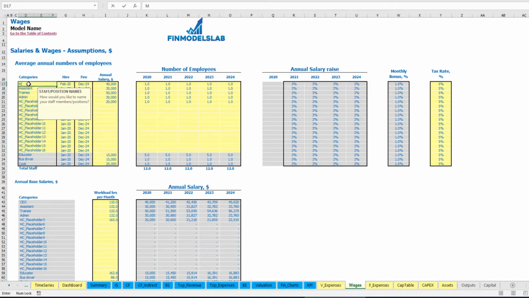For example, manager: you can input hire date, it can be April 20 for example, fire date, December 24, annual salary, it can be $35,000, and you have also number of employees by years. For example, first year it will be 1, the next 2, 3, 4 and 5.